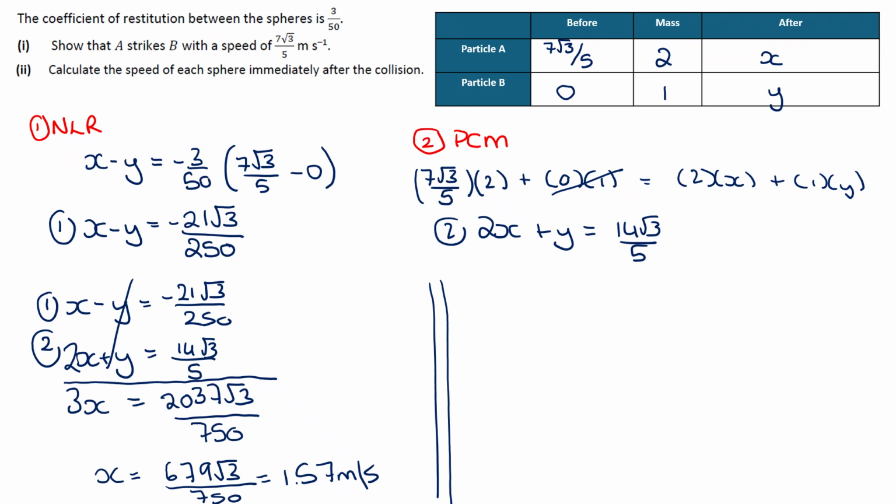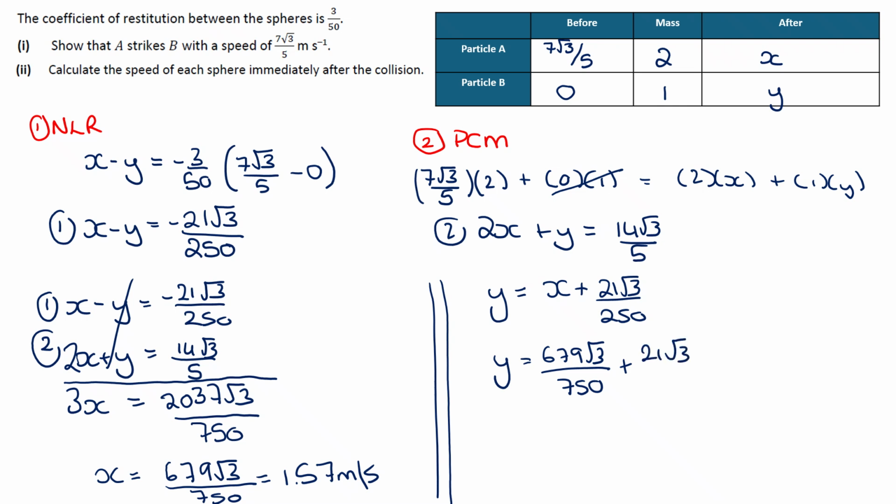So then we have y is going to be equal to x plus 21 root 3 over 250. So let's put that back in. Y is equal to 679 root 3 all over 750 plus 21 root 3 all over 250.